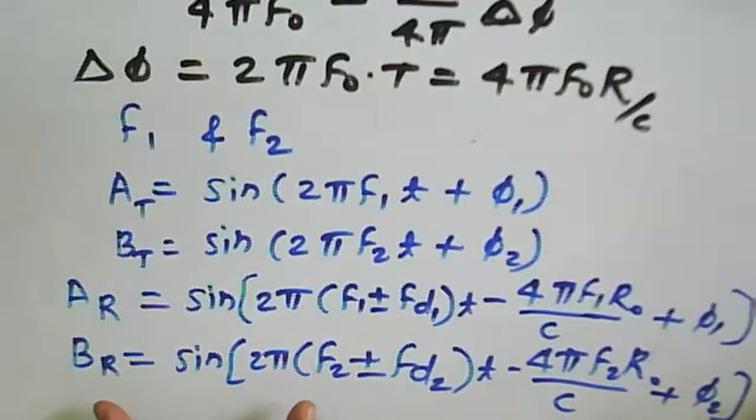Because we are supposed to use a superheterodyne type receiver, in that case F2 will be discarded. So only we have this component, because F2 and phi 2 or F1 and phi 1 will be discarded.